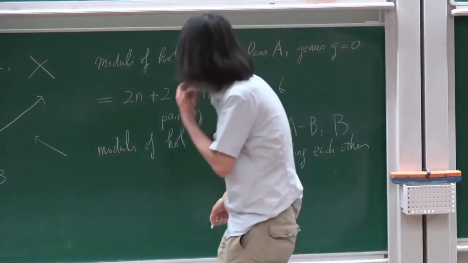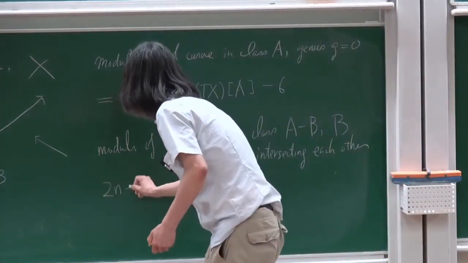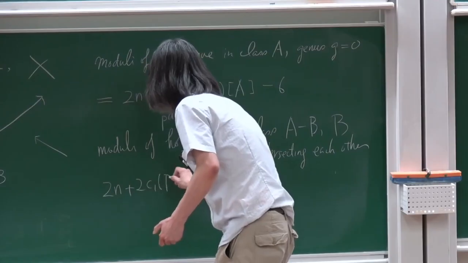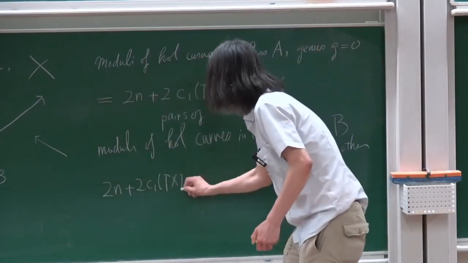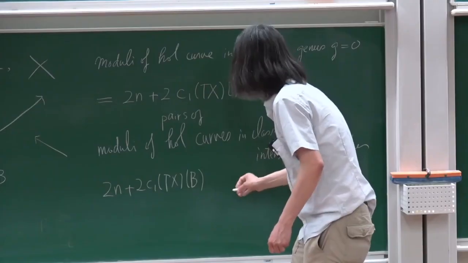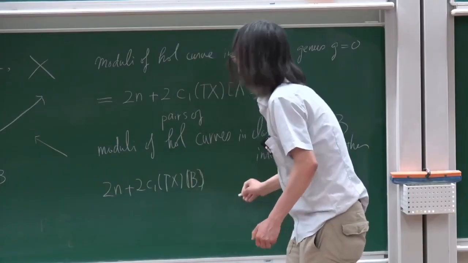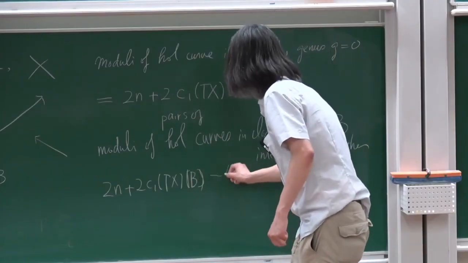Then this one is actually 2n plus 2c1(TX)(B), and then plus 2, so minus 4.